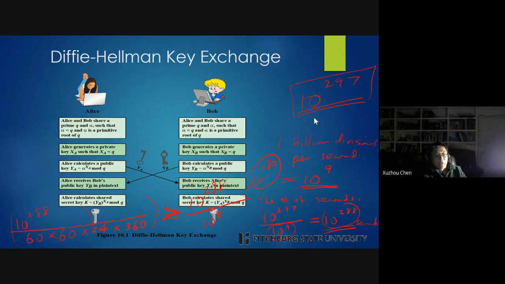So if I try to factor this number, a number which has about 300 digits, like 298 digits, using a computer algorithm, with a computer that can perform 1 billion divisions per second, it requires 10 to the 280 years.